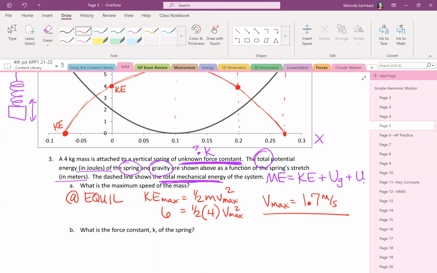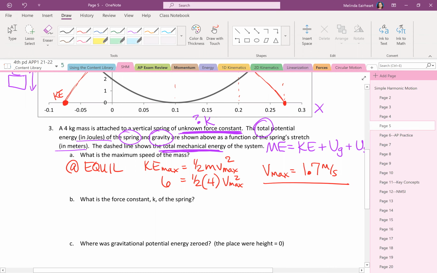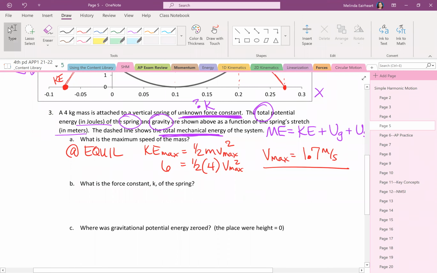What is the force constant? What's the spring constant? Force constant, spring constant, same thing. Little k, what's little k for the spring? How are we going to figure this out? Well, at equilibrium, what do we know? What's our physics knowledge? When it passes through equilibrium, what equals what?